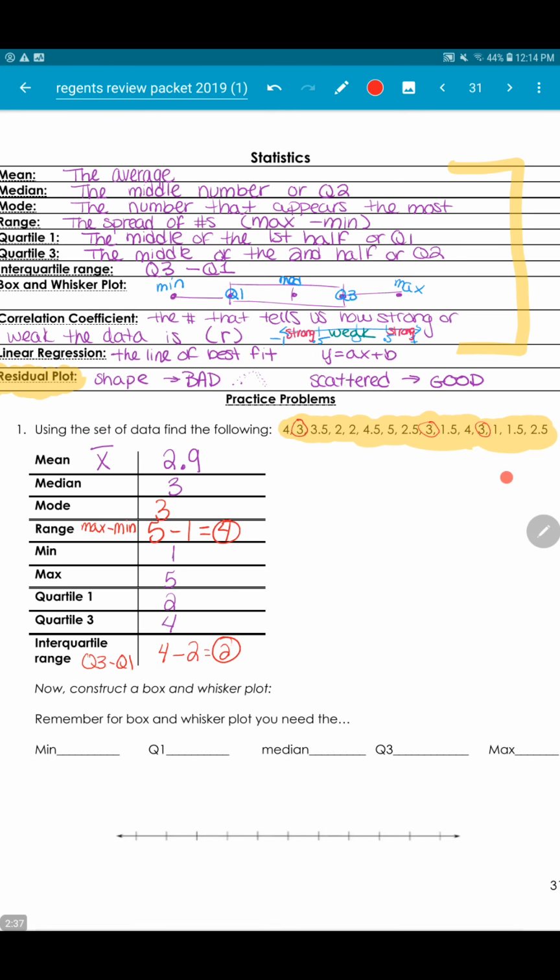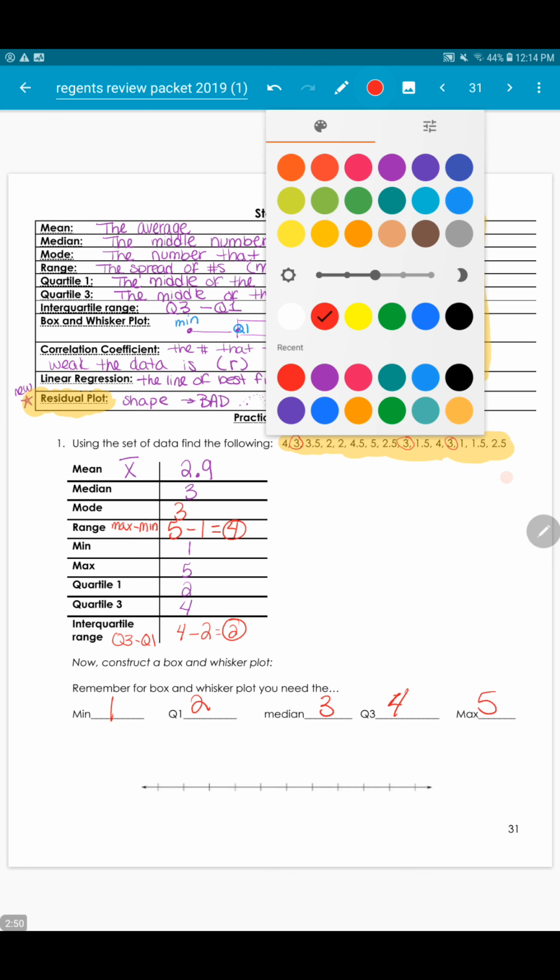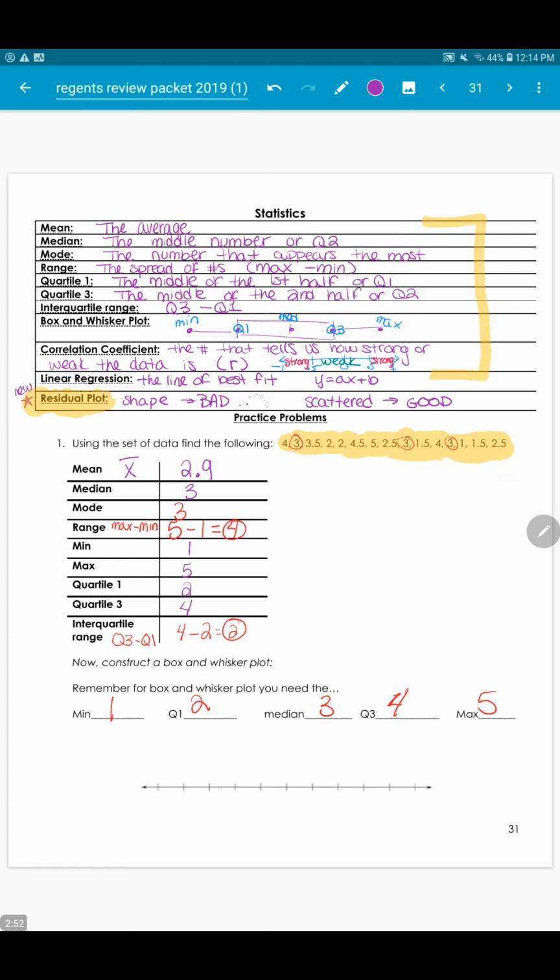Alright, so now I use that data to construct a box plot, but I only need 5 pieces of data. I only need the min, Q1, the median, Q3, and the max. Okay, so when we plot those, I'm going to plot them above the line.